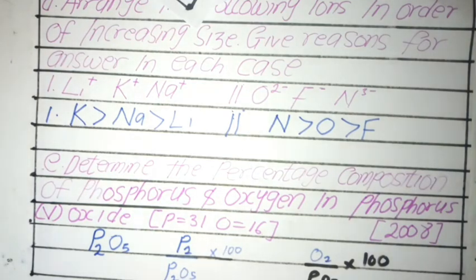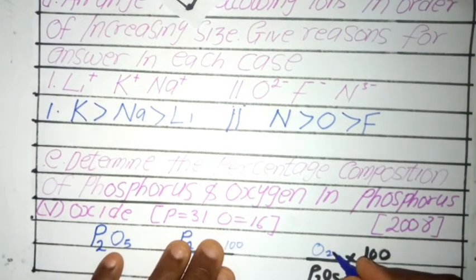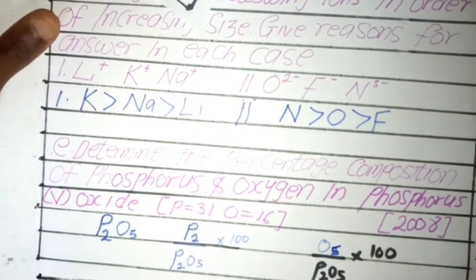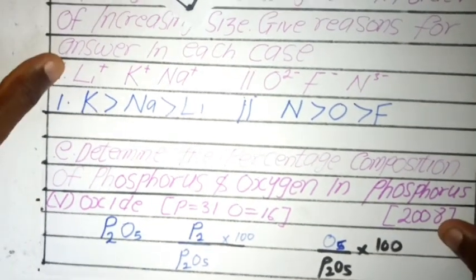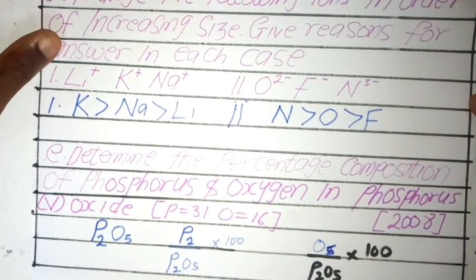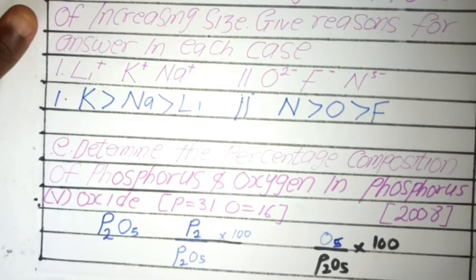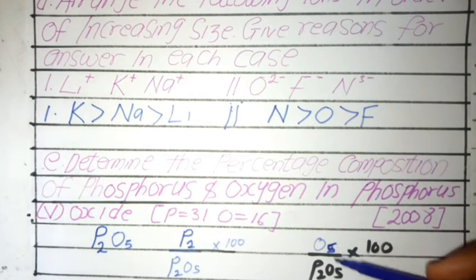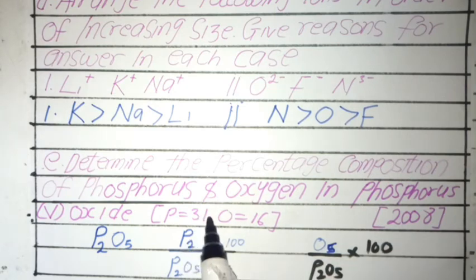Then, sorry, this is O5. This is O5 over P2O5 times 100. We know that P is 31, O is 16. So you substitute into this equation to get your answer.